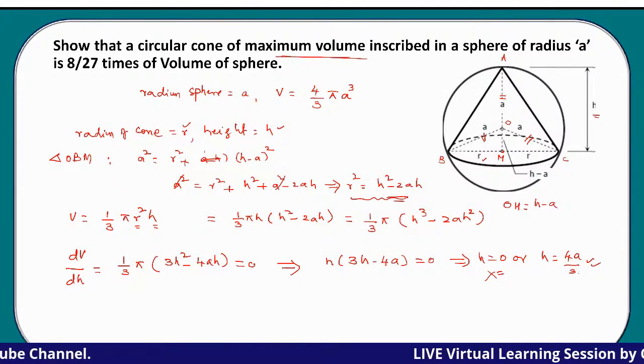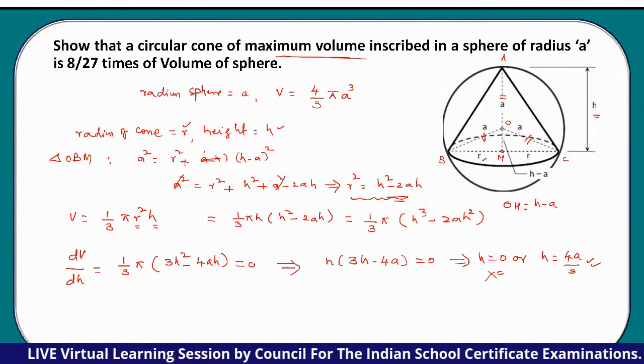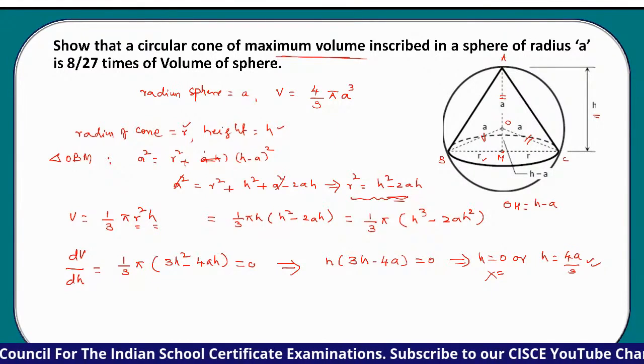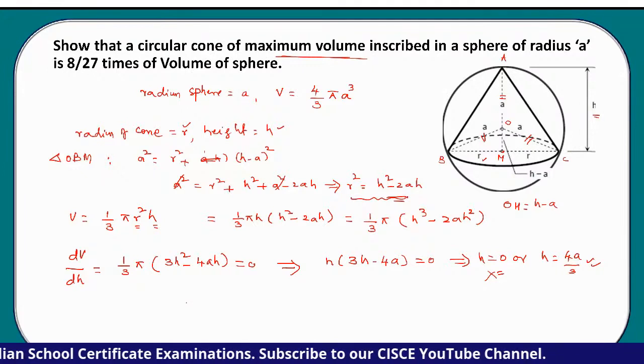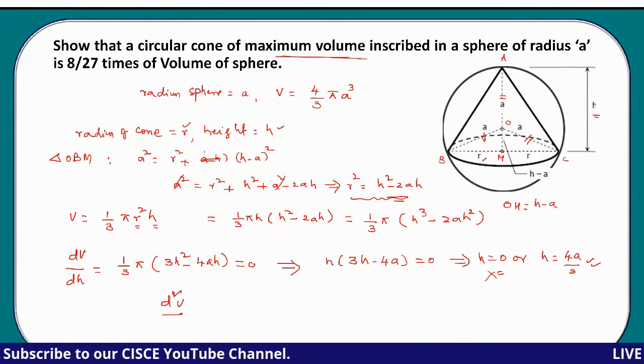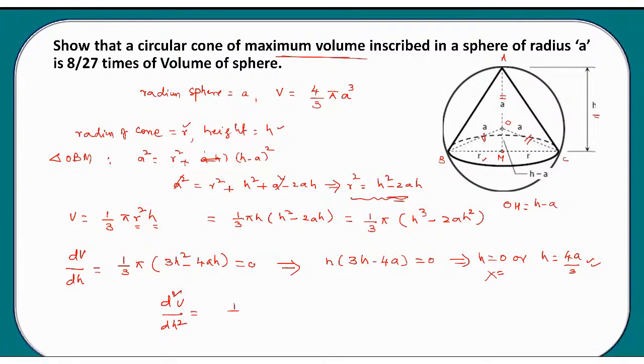At H equal to 4A by 3, you need to verify whether the volume of the cone is maximum or not. For which, what do we need to do? We need to differentiate the volume function once again. That is d square V by dH square, that is 1/3 pi into 6H minus 4A.